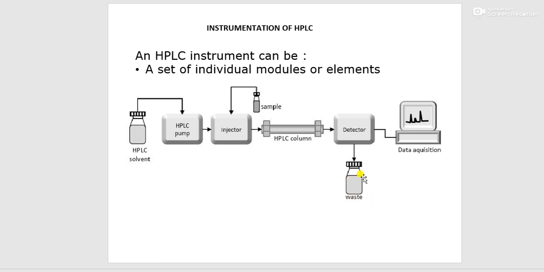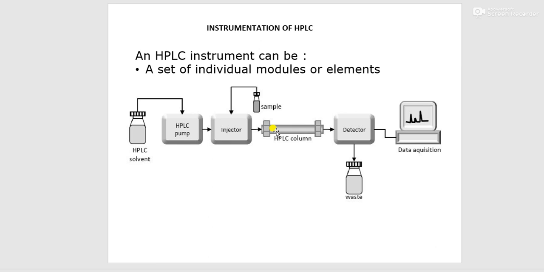One thing we have to keep in mind, as I told you, is that the sample is retained in the column. Those compounds having more affinity towards the stationary phase will be retained in the column. I have given you this explanation, but you have to keep in mind that nothing is going to be permanently retained in the column. At some point of time, depending upon the polarity and elution strength of your mobile phase, the components are going to leave the column.